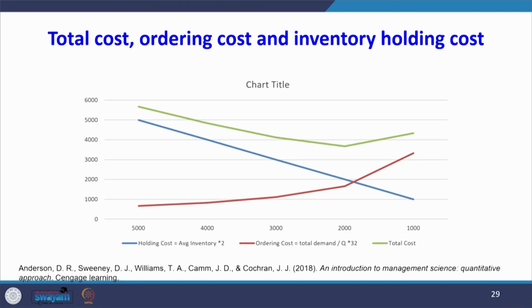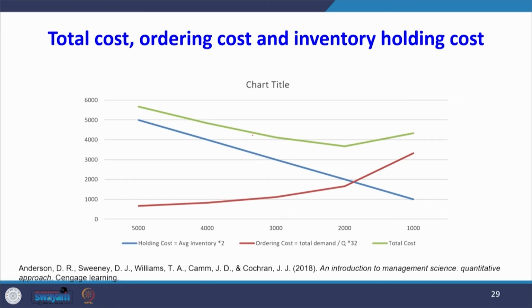Look at the relationship between total cost, ordering cost and inventory holding cost. The holding cost is high when you go for higher quantity. When you go for higher quantity, you see the ordering cost is very less. So, we need to have the trade-off between holding cost and ordering cost.